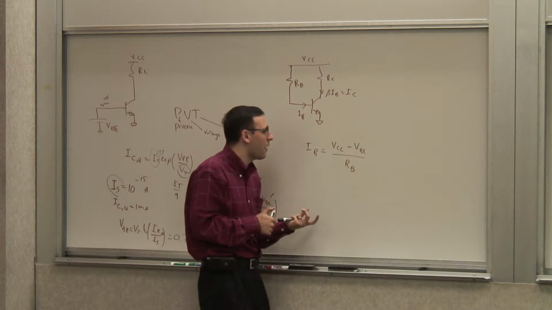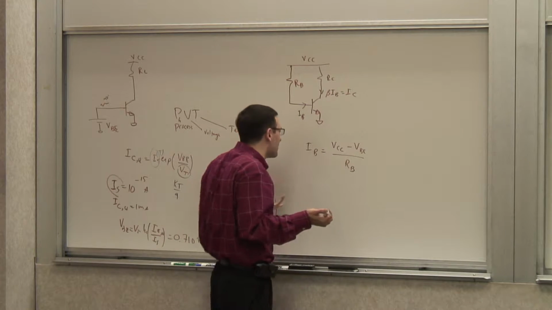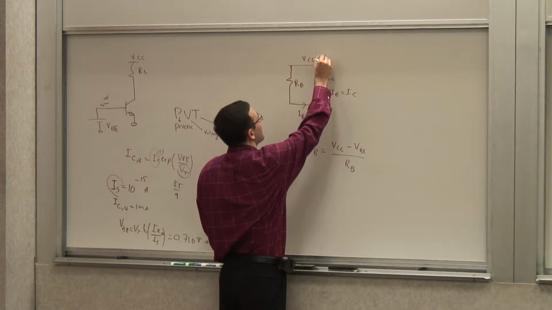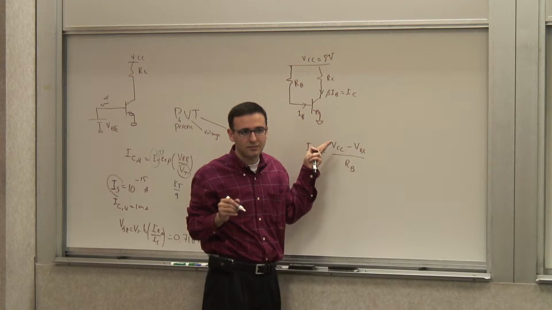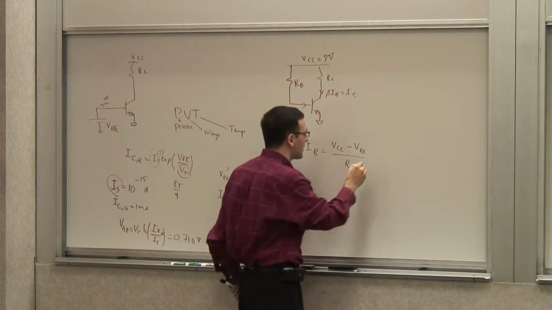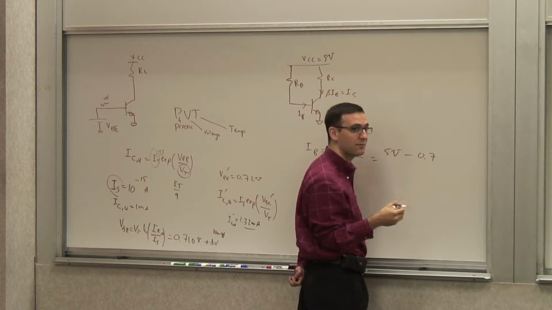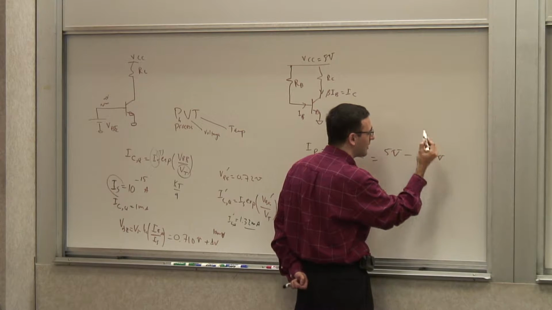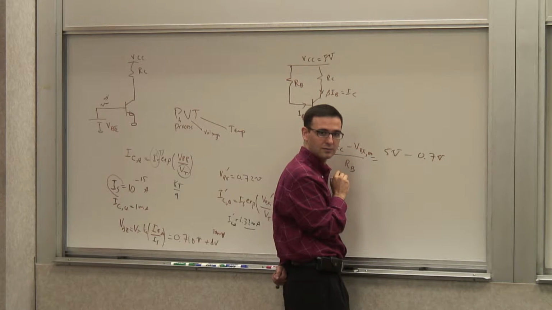So for typical values of current of several milliamps or so, and for this kind of transistor, the VBE is around 0.6, 0.7, 0.8. If this voltage is 5 volts, whether it's 0.7 or 0.8, it's not going to make a big difference in this equation, because I'm looking at 5 volts minus 0.7 or 0.75. So from now on, whenever I say VBE on, that's what I mean.